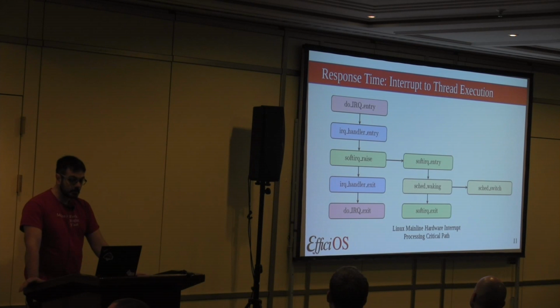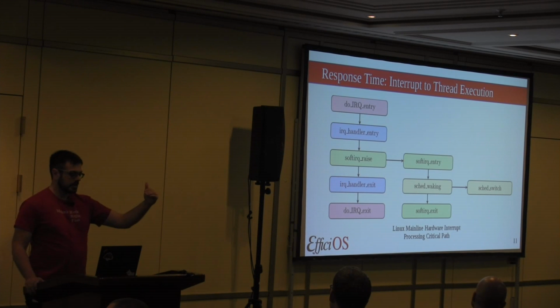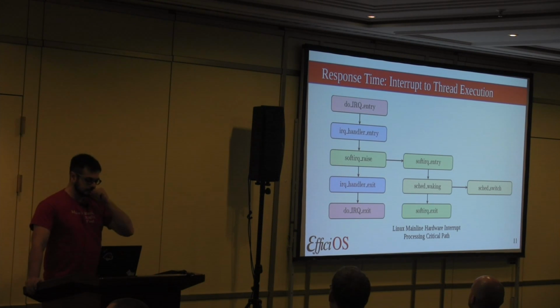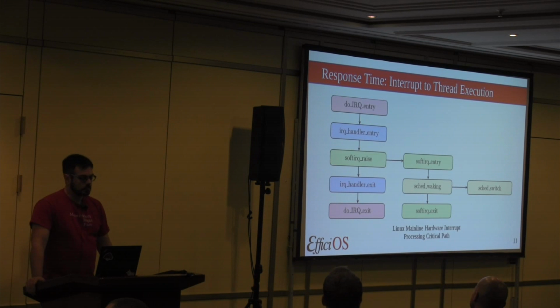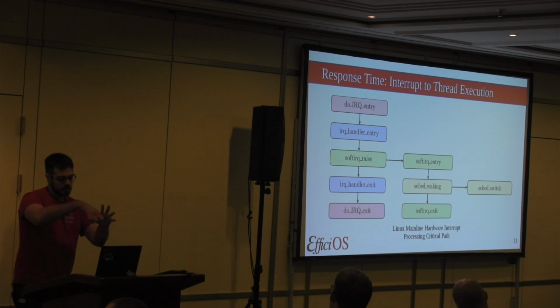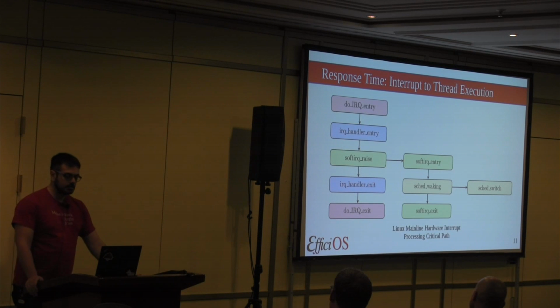So here is an example of the model, how we track state in the hash table. In this case, we always start with the IRQ entry. Then, as we go down through the states, let's say that we reach soft IRQ raise. It's actually forking the states. On one side we exit the IRQ, but on the other we eventually enter the soft IRQ entry, which is linked to the soft IRQ raise. Then the soft IRQ can perform a sched waking event, which is going to fork again in the state, and we reach the sched switch.